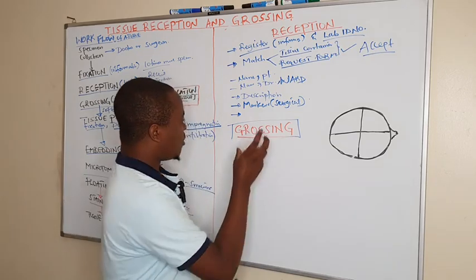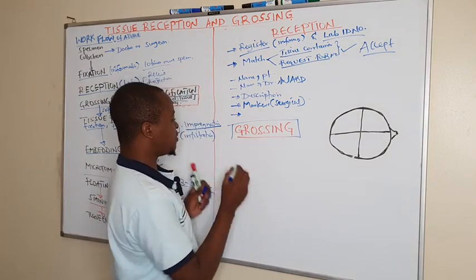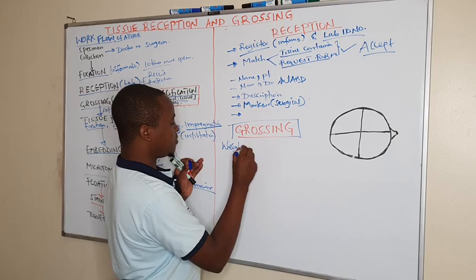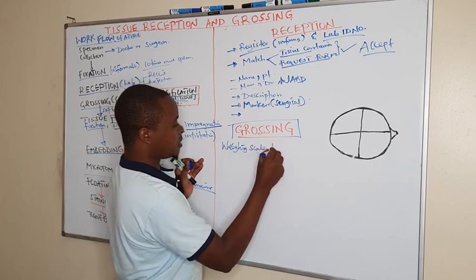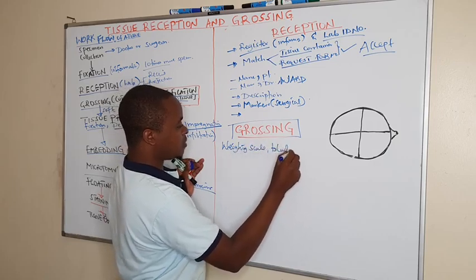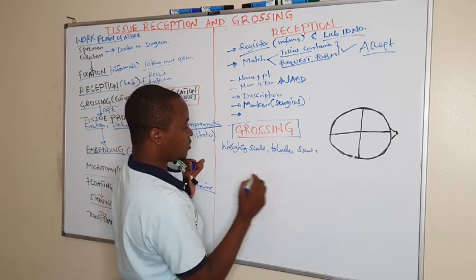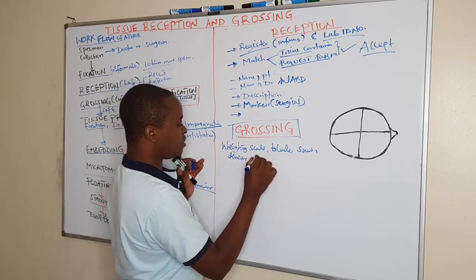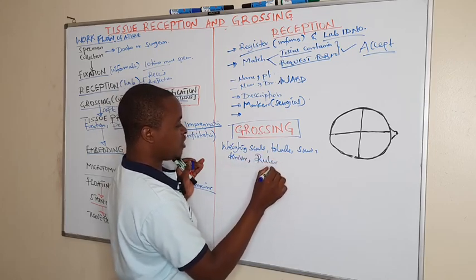And here under grossing, we use different materials like a weighing scale. We shall use blades, sharp blades. We shall use a saw. We shall use knives, sharp knives. We shall use rulers to define the dimensions.